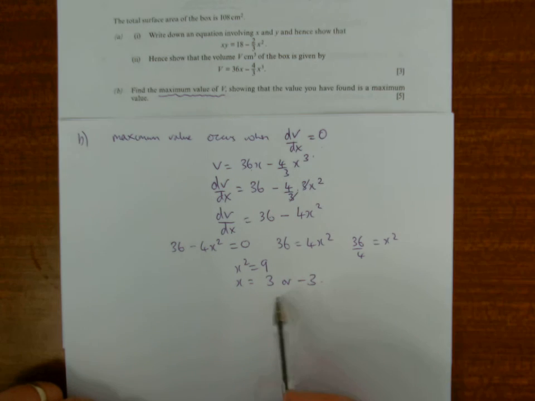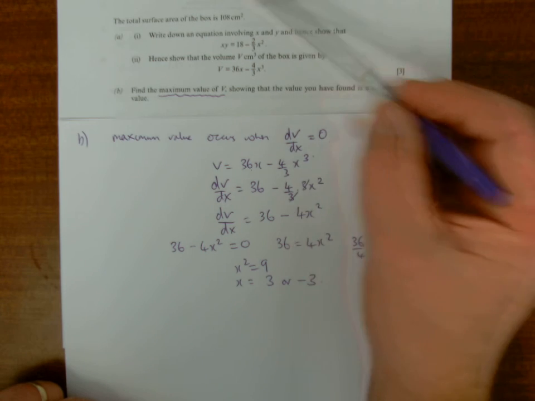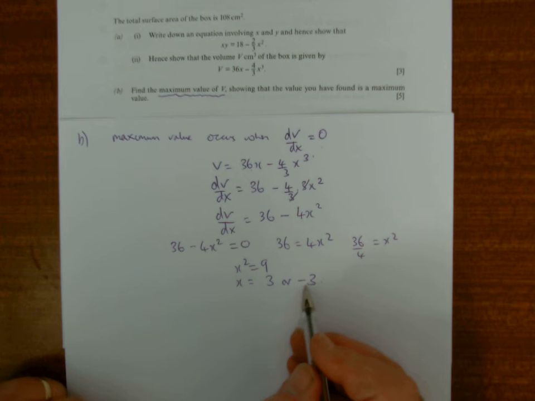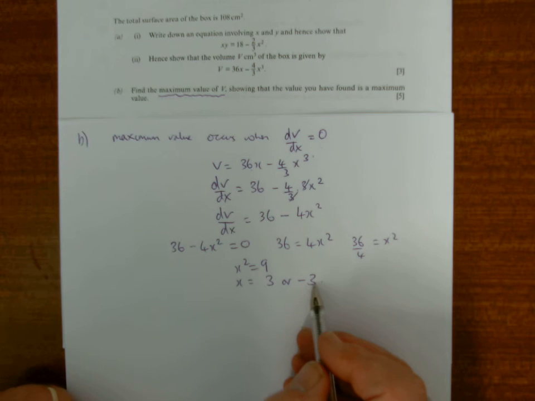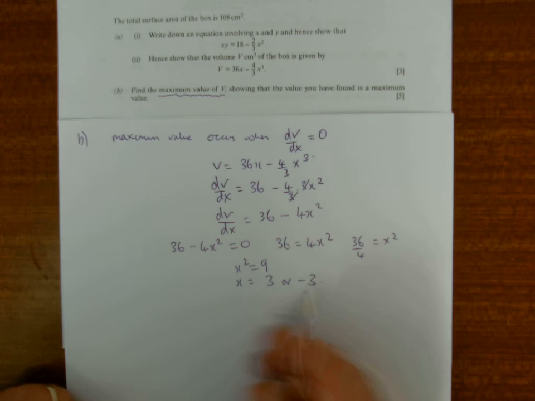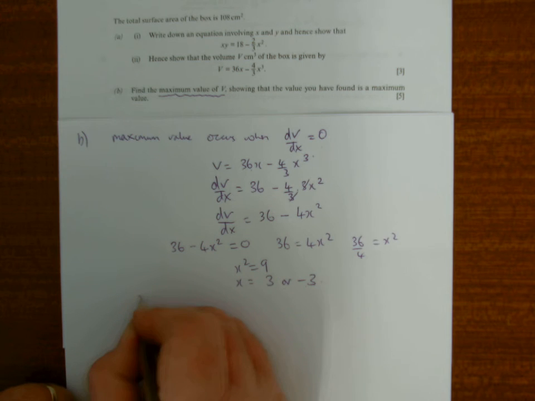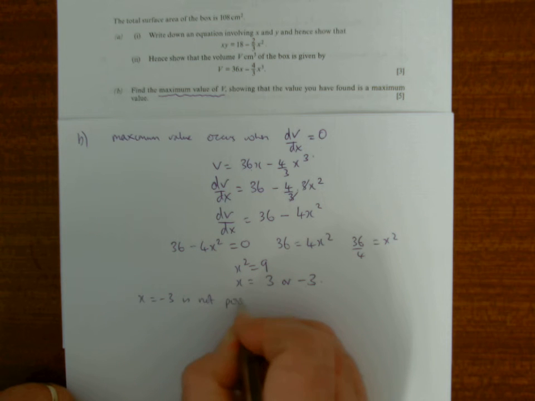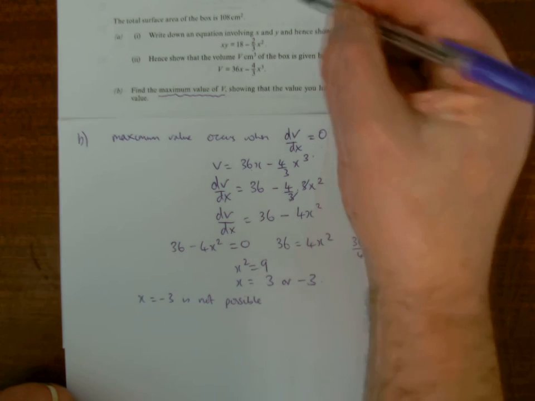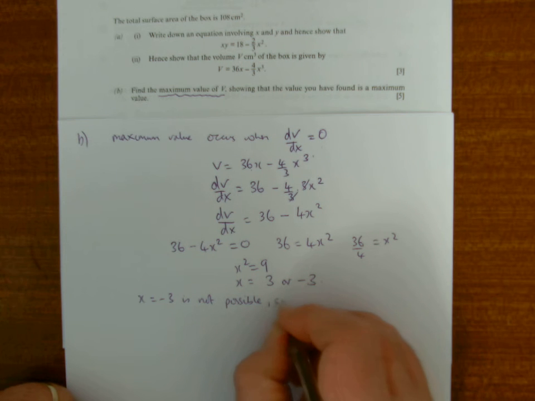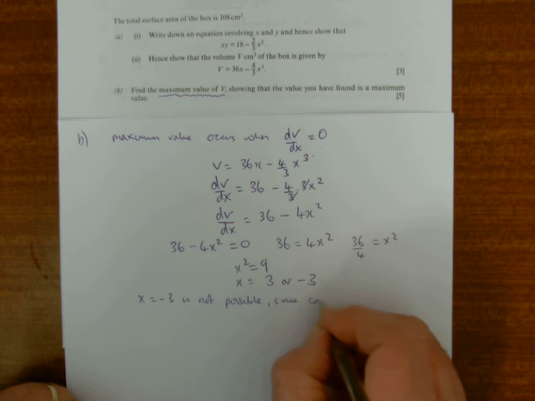Now when I look at the diagram, x is a length, so there's no way that I can use the value of minus 3. So the maximum is obviously going to come from when x is 3. x equals minus 3 is not possible for this question, because it's in a real life situation, since you cannot have a negative length.